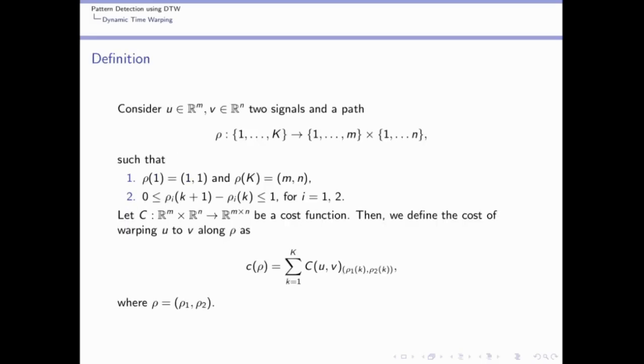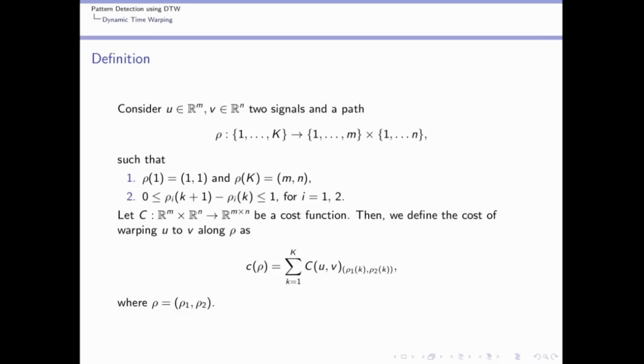But first, maybe the definition of dynamic time warping. I'm not assuming you're familiar with it. So for two signals U and V, represented by vectors in Rm and Rn respectively, we will consider paths, so a path rho, which traverses both signals, starting from their beginnings.